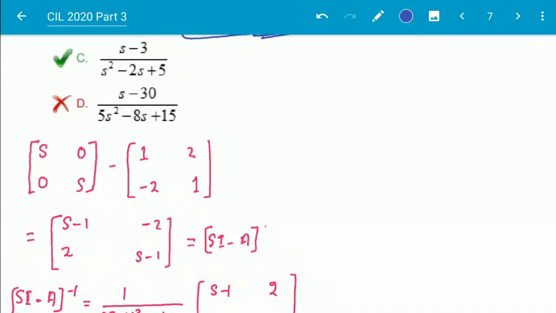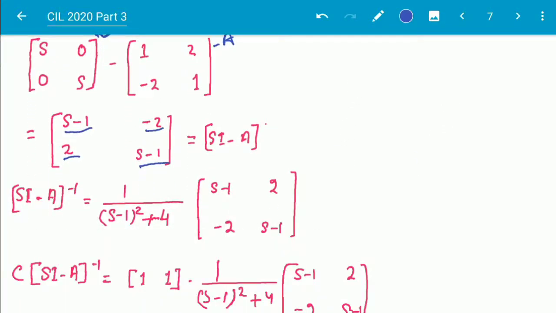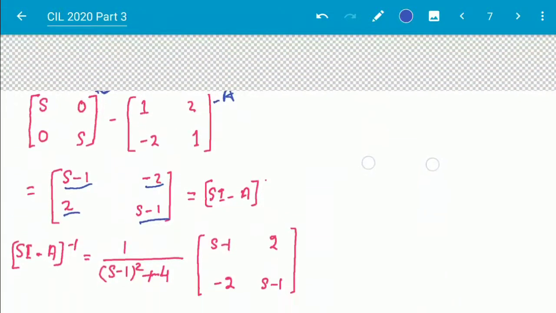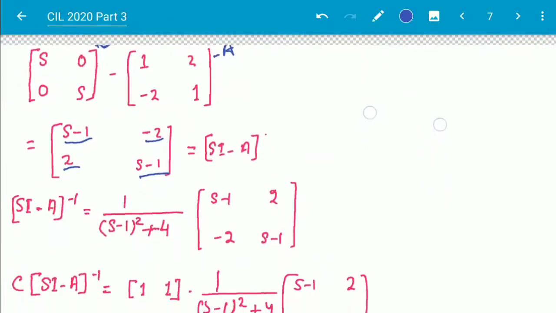This is S and this is sI. This is sI minus A. This is A. sI minus A is coming to be S minus 1, minus 2, 2, S minus 1, and (sI minus A) inverse, which is called, this is the characteristic equation, and (sI minus A) inverse is called the state transition matrix.